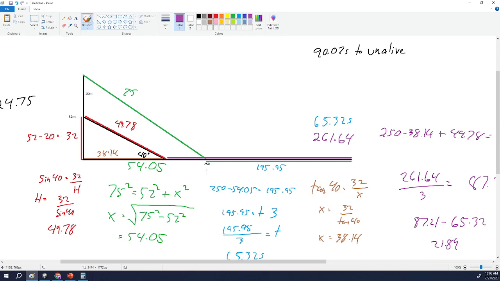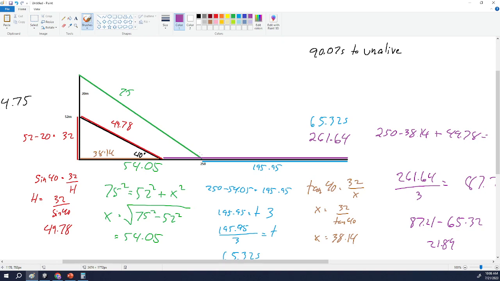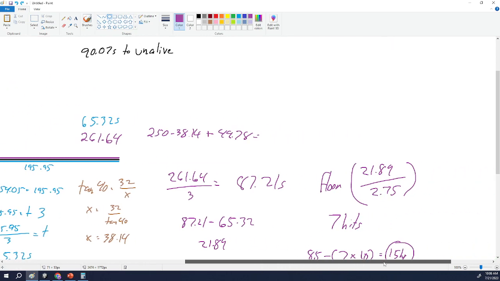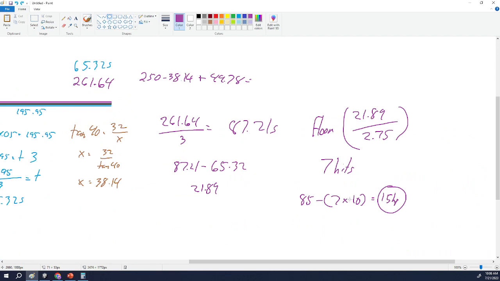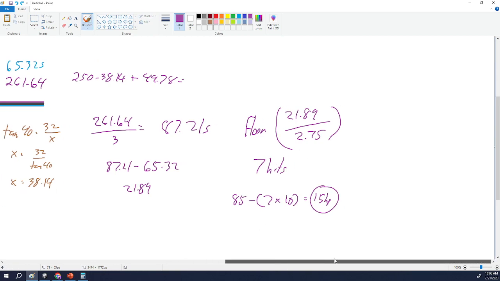So, another way though is when our enemy has reached the range of the archer, atake agad si archer. So, instead of 7 hits, would have been 8 hits. Kasi he attacked right away. So 8 hits.